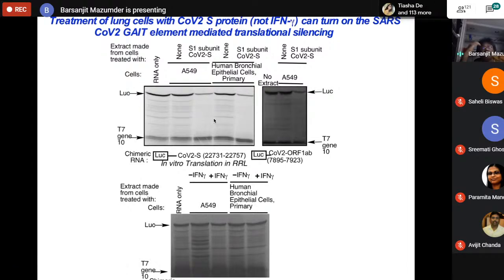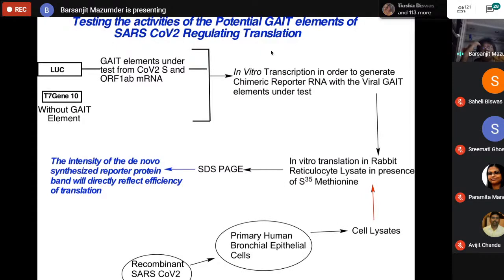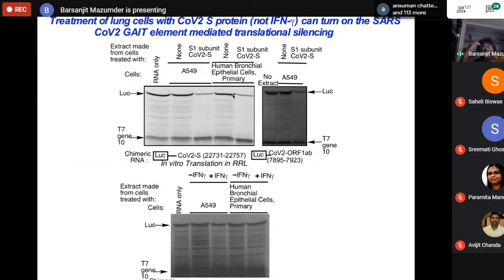In this system, we are co-translating the RNA without the GAIT element, and we can see that its translation is not subject to inhibition by the extract, but only the reporter gene with the GAIT element is sensitive to this extract.